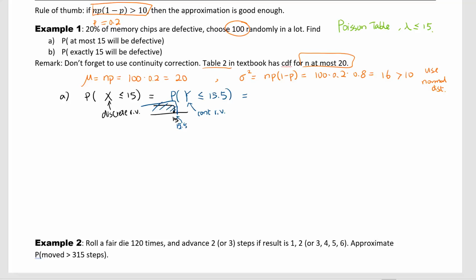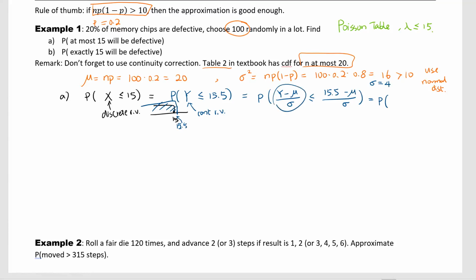Alright, so after we get the normal distribution, we want to change it to the standard normal distribution. So in this case, we have y minus mu over sigma. So if you do this operation to the y, you also do the same operation to the 15.5. Okay, mu, do we know mu? Yes, that's 20. Do we know sigma? Well, sigma squared is 16, then sigma is 4.